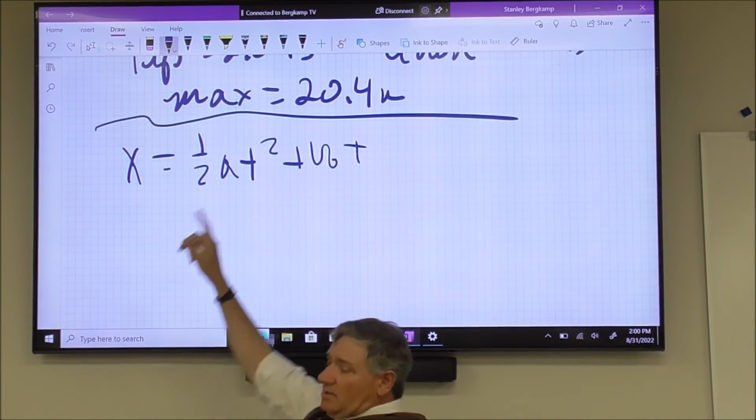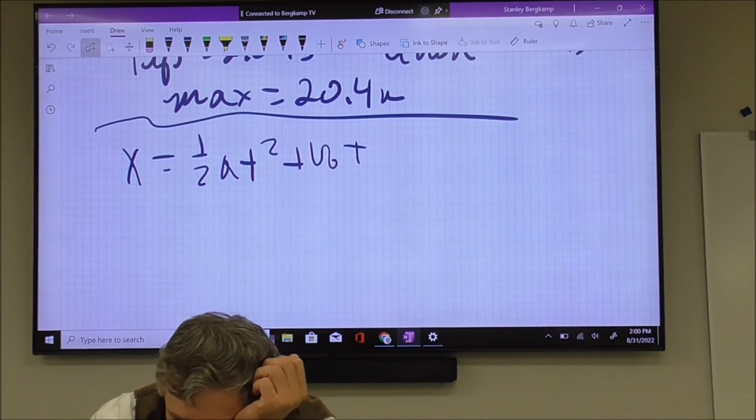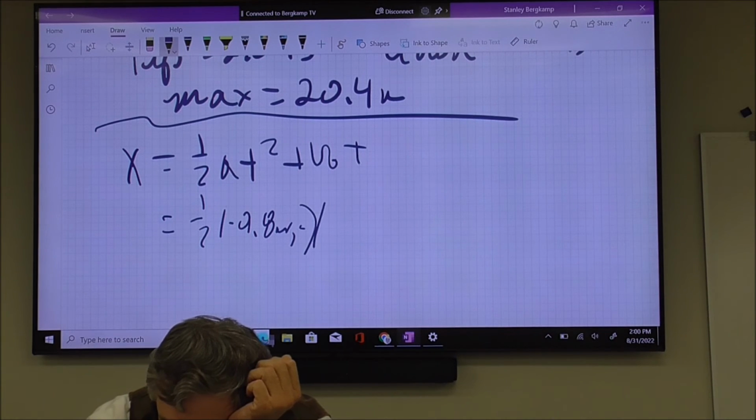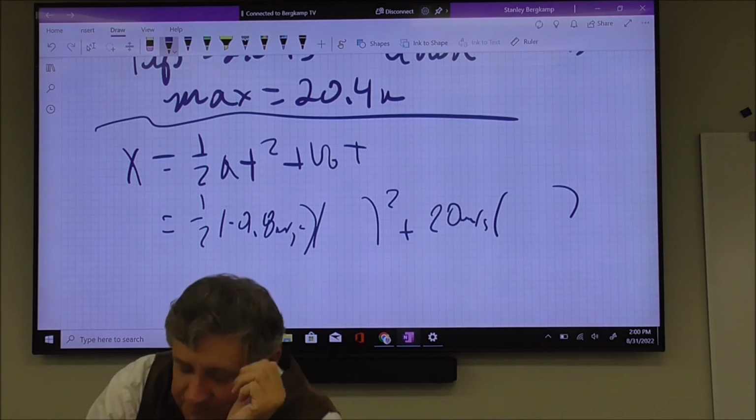Now, if you came in here and said, okay, this is going to be 1/2 times negative 9.8 meters per second squared times some time squared plus 20 meters per second times some value of time.